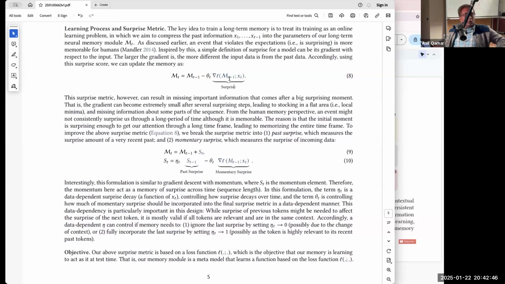But if you're feeding some new information to the long-term memory, it is always compared. It has an ability to find out which part of the memory the new information is related to, and whether there is any surprise, any new information about that key-value pair.